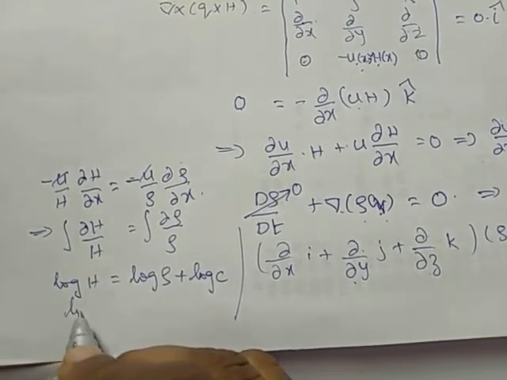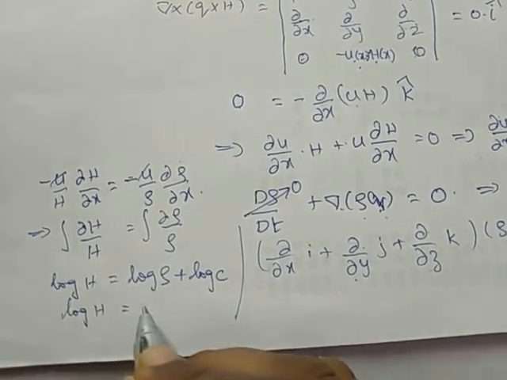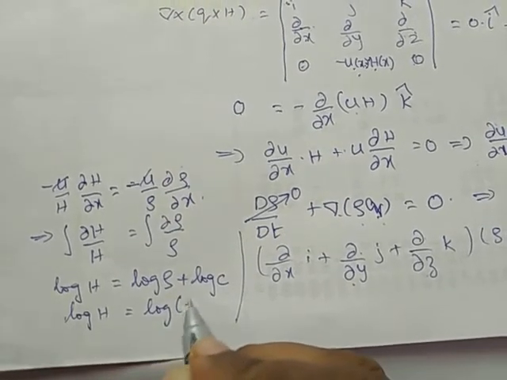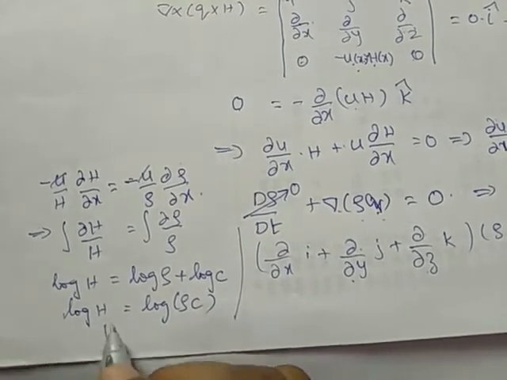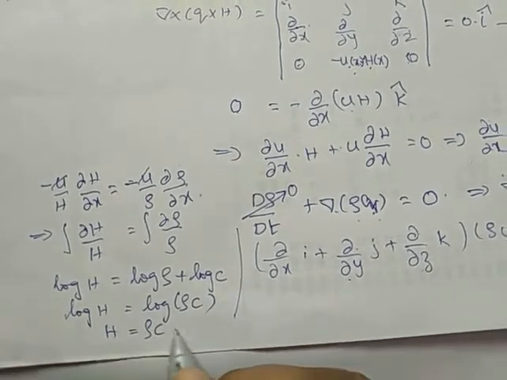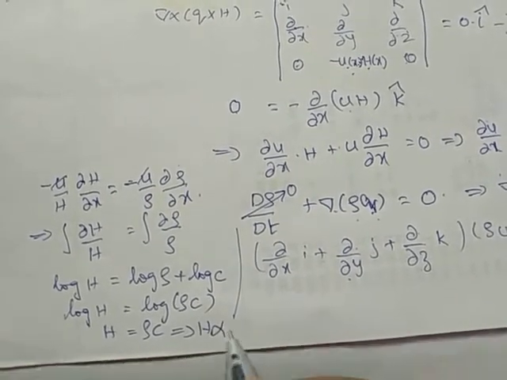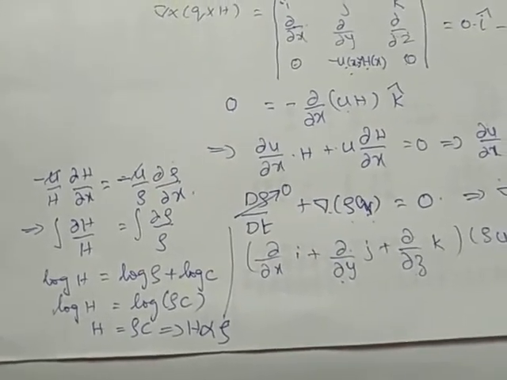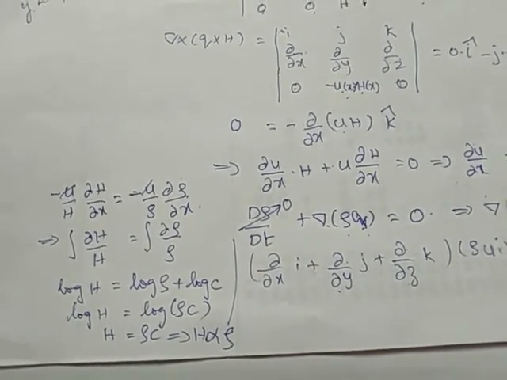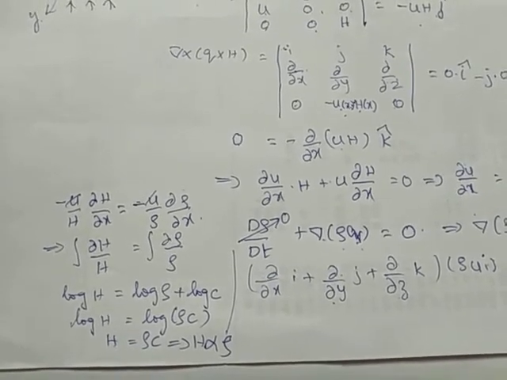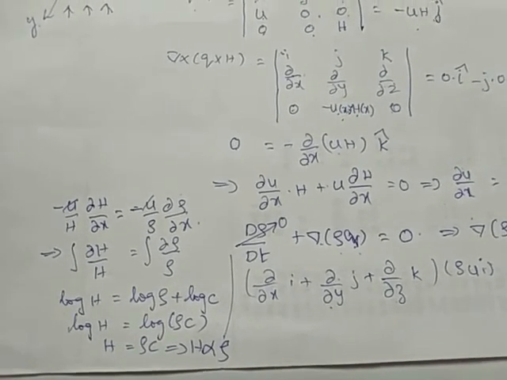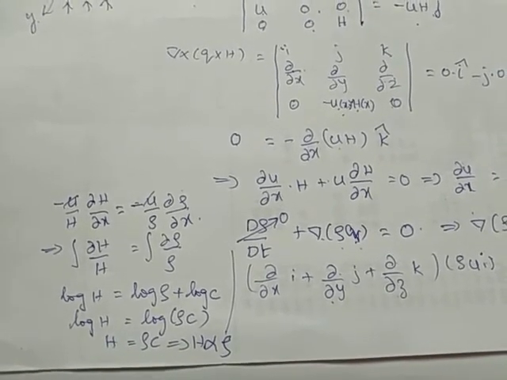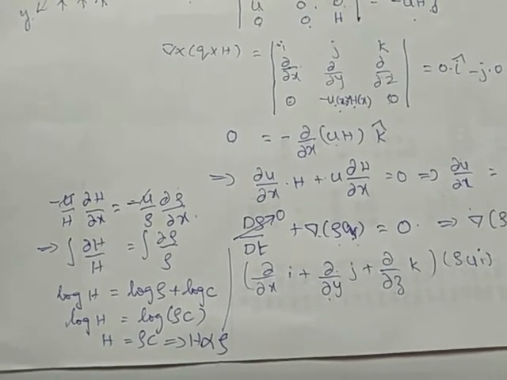So log h is equal to log of rho c, which is nothing but H equal to rho c. We can write this as H is directly proportional to rho, taking c as the proportionality constant. So the magnetic field is directly proportional to the density of the fluid for a perfectly conducting fluid.